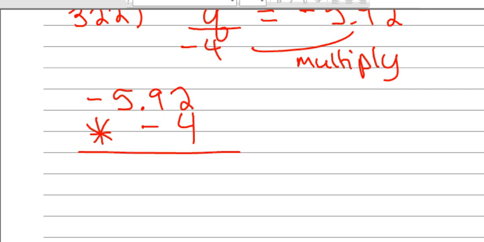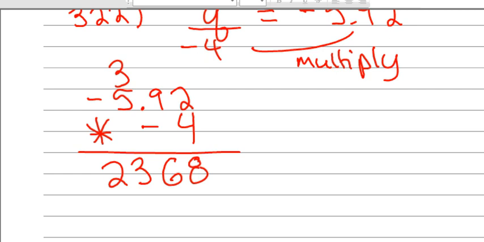So -4 times 2 is 8. 4 times 9 is 36. So I'm going to leave the 6 and carry the 3. 4 times 5 is 20, and 20 plus 3 is 23.